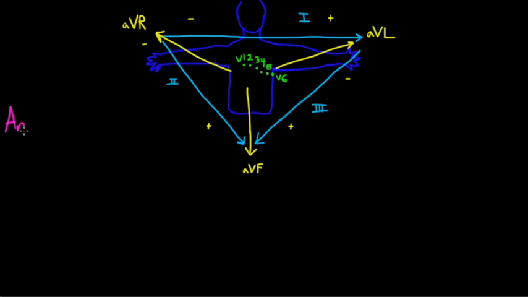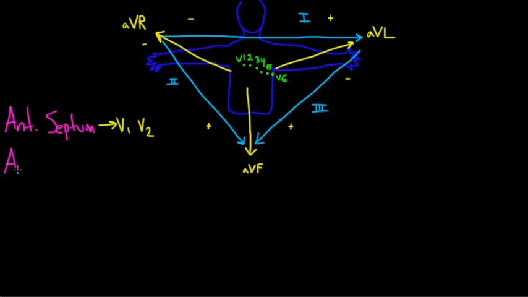One, the anterior septum. That is one territory, so imagine it's sitting about right here. V1 and V2 are pretty good leads for identifying what's happening at the anterior septum.